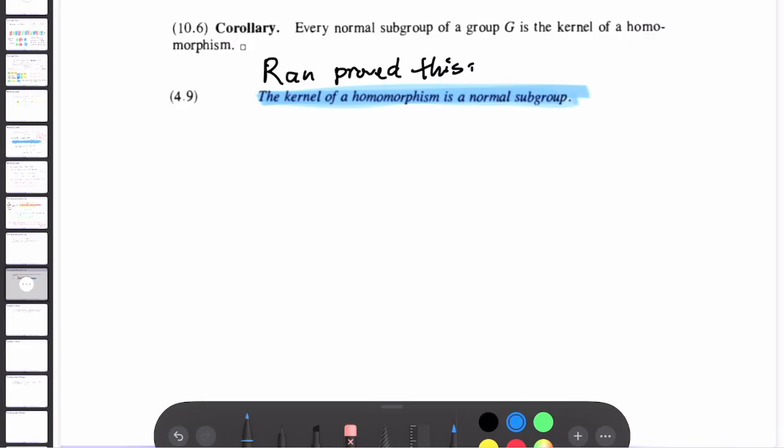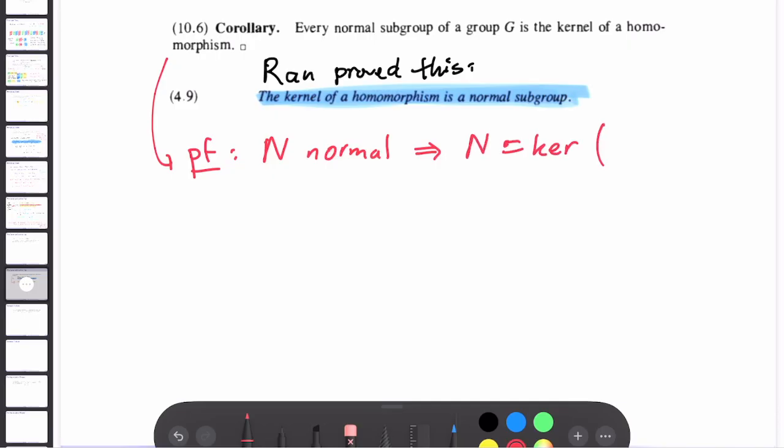Why? Well, proof: if N is normal, then N is the kernel of this quotient map sending G to G mod N.